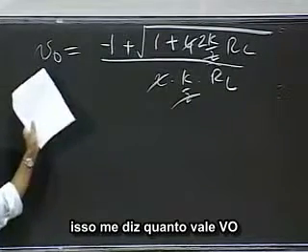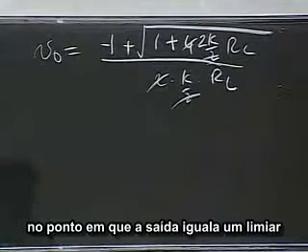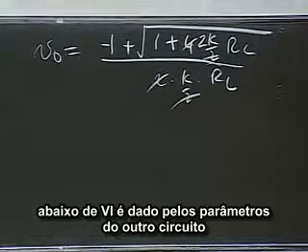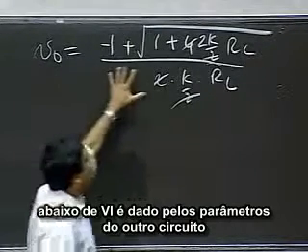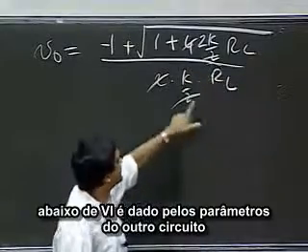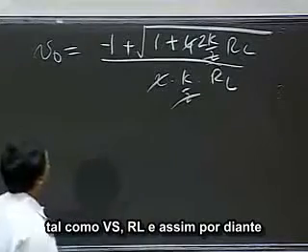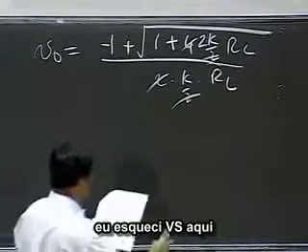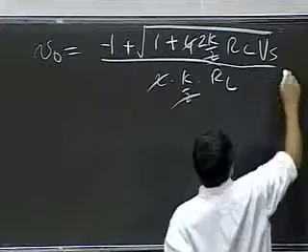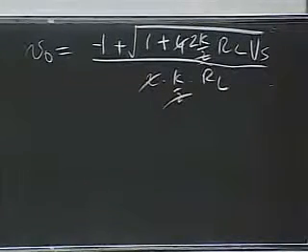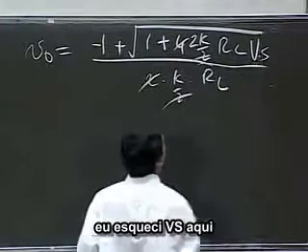So it tells me that V naught, at the point where the output just equals one threshold drop below VI, is given by the other circuit parameters such as VS, RL, and so on. Oh, I'm missing a VS here. I forgot the VS up here.